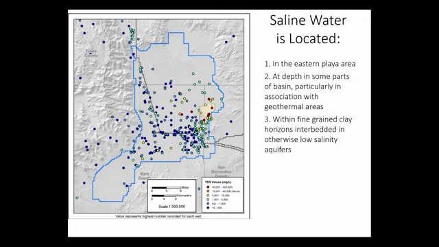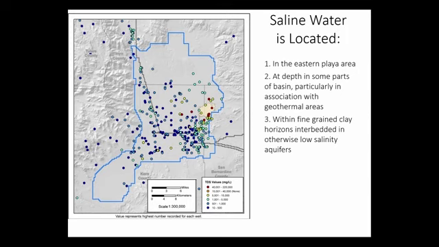Now, where is the saline water located? This map shows the model boundary again in blue in the entire valley. The blue colors are low salinity, very high quality water. As you get into the warmer colors, red, then it's very saline water. And the saline water is associated with the eastern part of the valley near the playa area where all the evaporation is occurring.